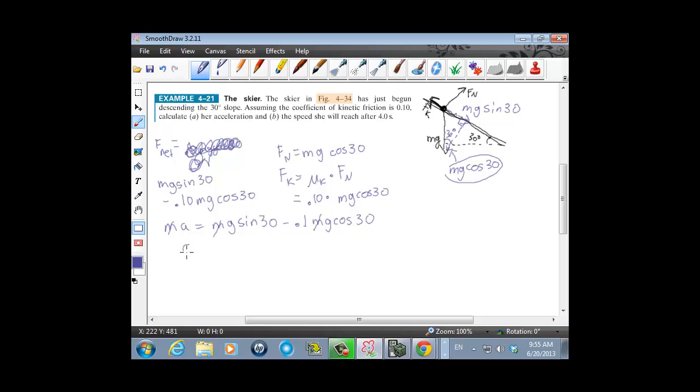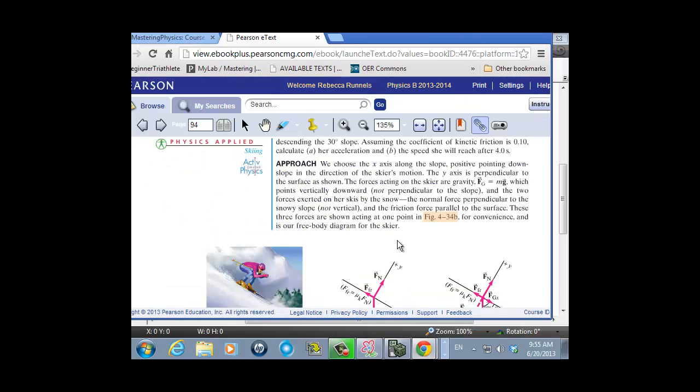All right, so our acceleration equals 9.8 sine 30 minus 0.1 times 9.8 cosine 30. Has anyone done that? Yes, 4.05 meters per second squared down the slope. So that would be her acceleration.